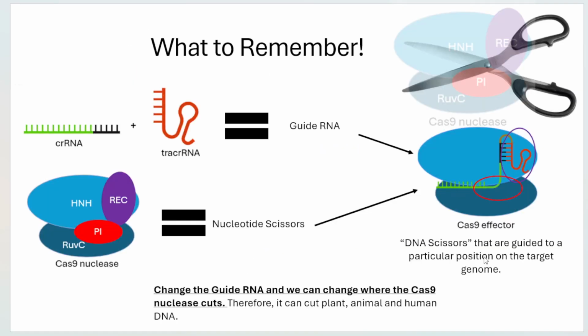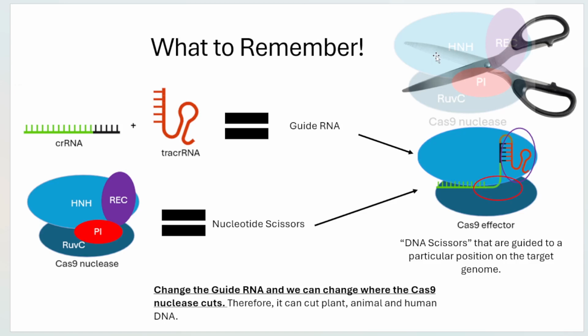So all you have to remember is that the crRNA binds to the tracrRNA to make the guide RNA, and that the Cas9 nuclease is like the nucleotide scissors. You can think of the HNH and RuvC domains of the Cas9 nuclease as the blades of a scissors. You kind of need both for it to work.